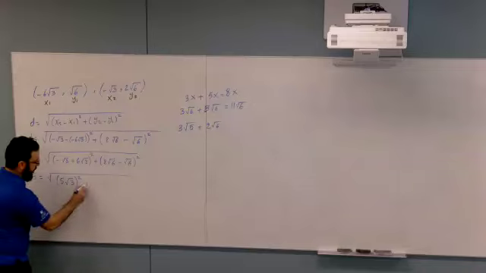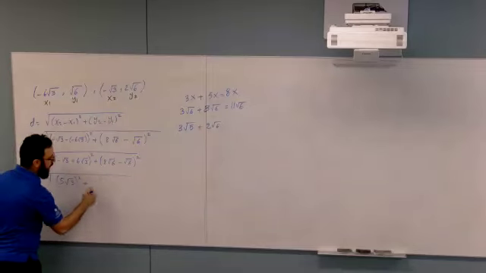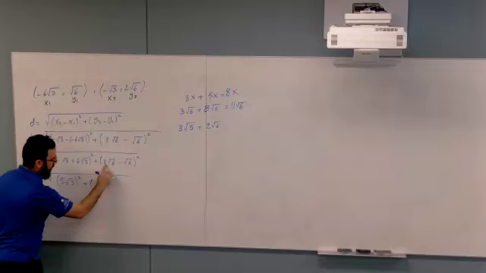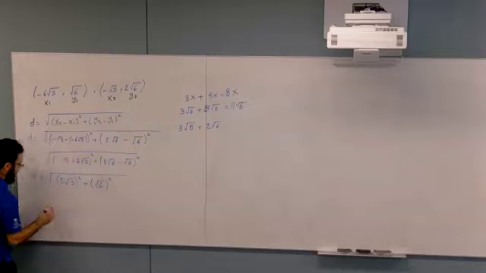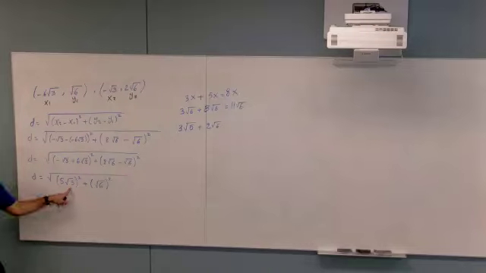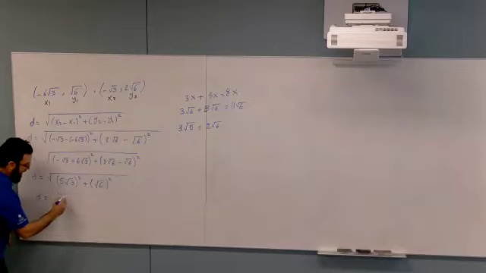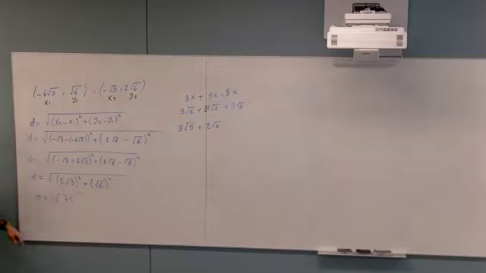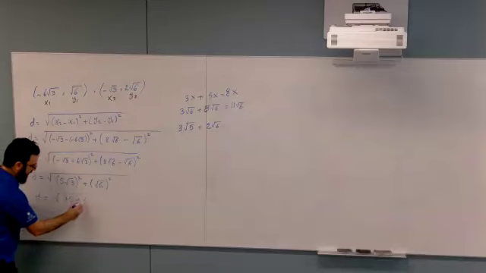Lost? Plus, can I do the same thing here? 2 minus 1. So the distance equals the square root of 5 squared, 25, times square root of 3 squared, 3, so 25 times 3 is 75, plus square root of 6 squared, 6.